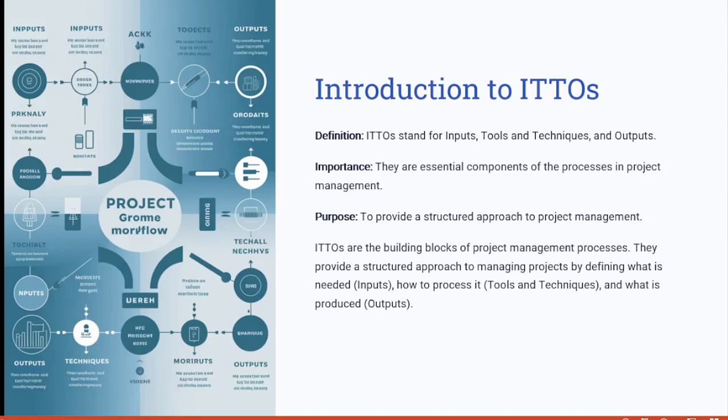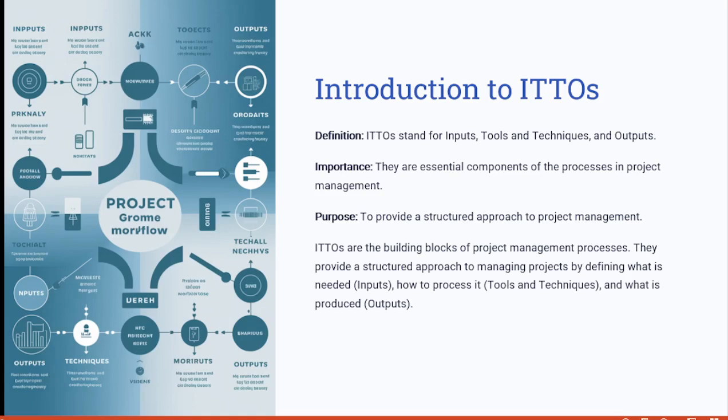A very important topic here that we have to go through before we start with the process groups with their knowledge areas, activities, and each of these project management plans, we need to discuss the ITTOs, which are the inputs, tools and techniques, and outputs.